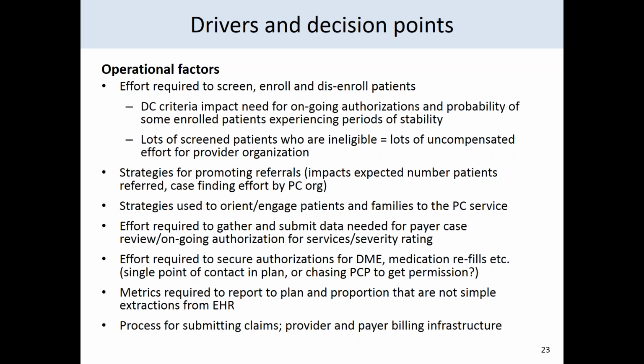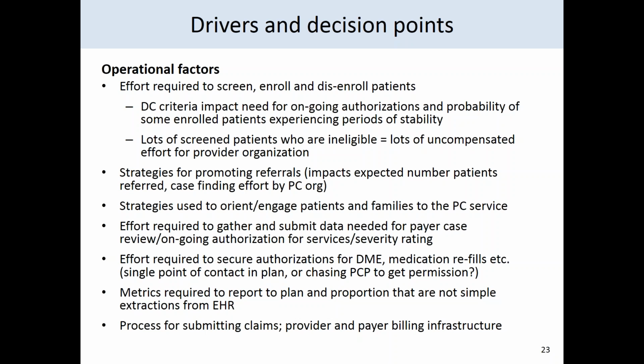A different choice could be made about how much work needs to go into securing ongoing authorization, or how often somebody's payment tier needs to be verified. Effort required to secure authorizations for durable medical equipment and medication refills and so on can really be a substantial time investment on the part of the provider organization, and choices can be made. Processes can be put in place to introduce efficiency into this.